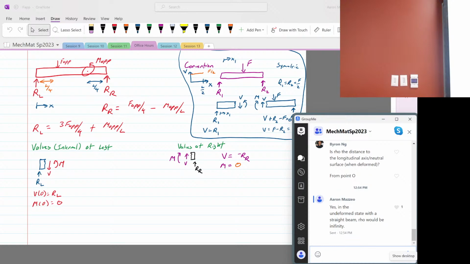Right, because G is equal to E over 2 times quantity 1 plus nu. No, you had to know that. You had to pick an E and a nu to get the shear modulus.